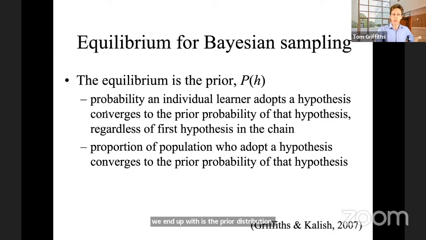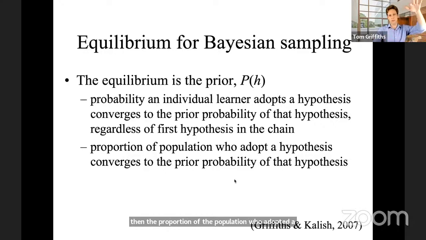So in the context of this Markov chain setting where we just have a sequence of learners, the probability that an individual learner adopts a hypothesis converges to the prior probability of that hypothesis, regardless of the first hypothesis in the chain. No matter what you start out with, after enough time, the probability a learner has a particular hypothesis is just the prior probability of that hypothesis. And the proportion of the population who adopt a hypothesis is going to converge to the prior probability of that hypothesis.